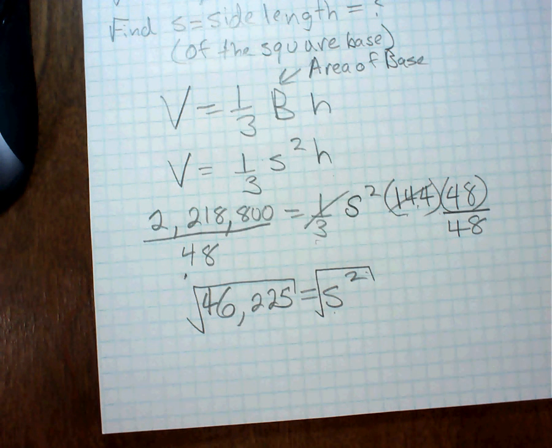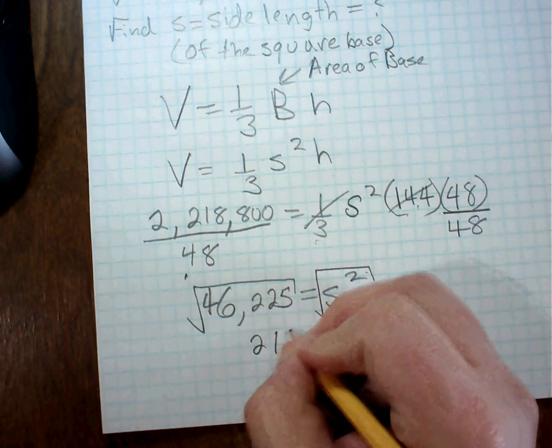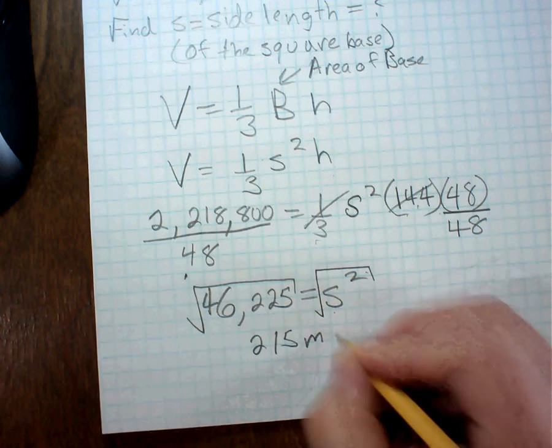So the square root of 46,225 is 215. So it's 215 meters, I think.